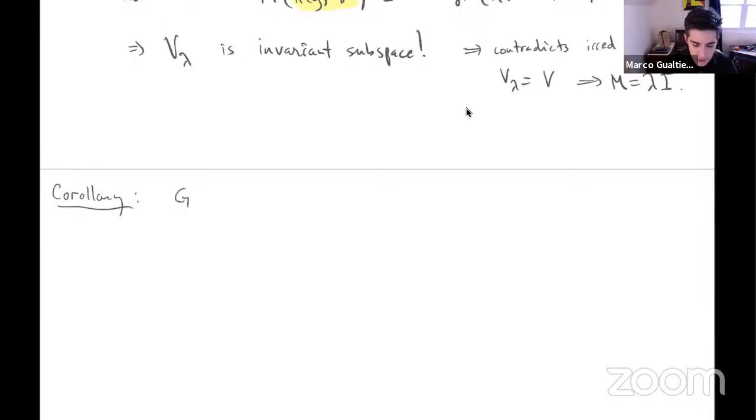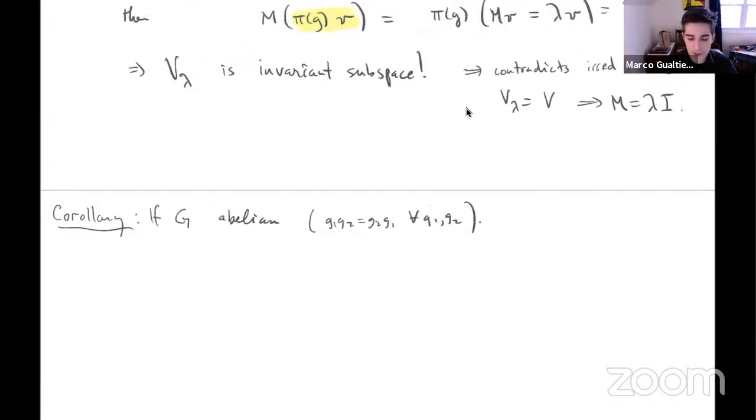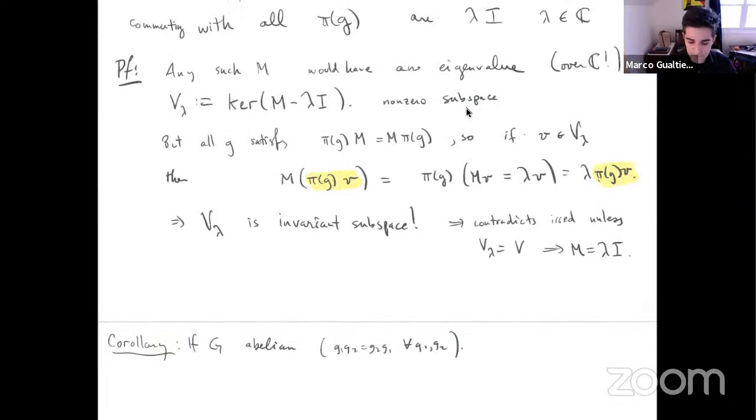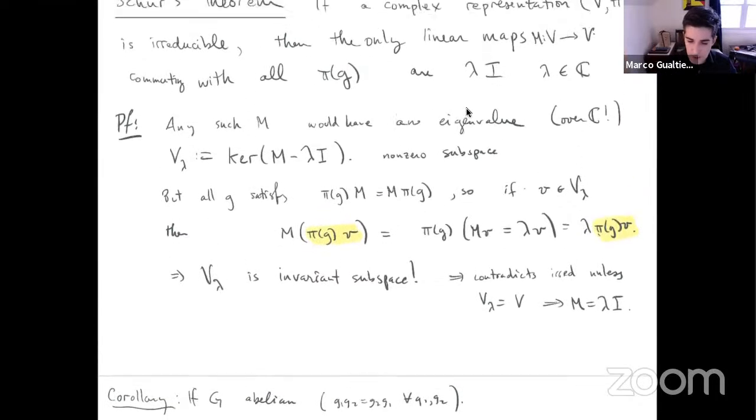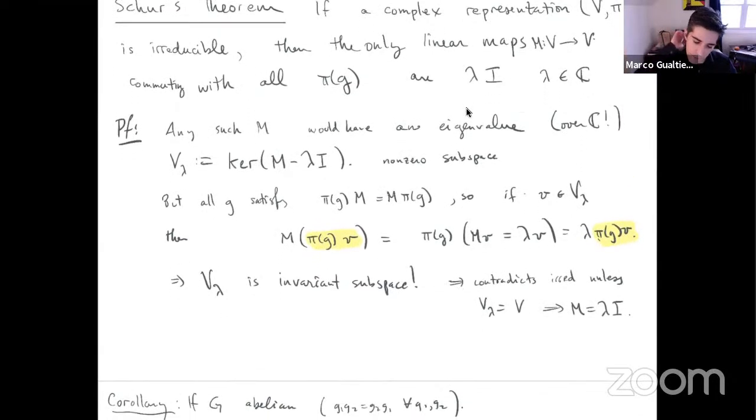Let's say that G is abelian. If G is abelian, meaning that G1 G2 equals G2 G1 for all G1, G2, so it's a commutative group, what does that mean?